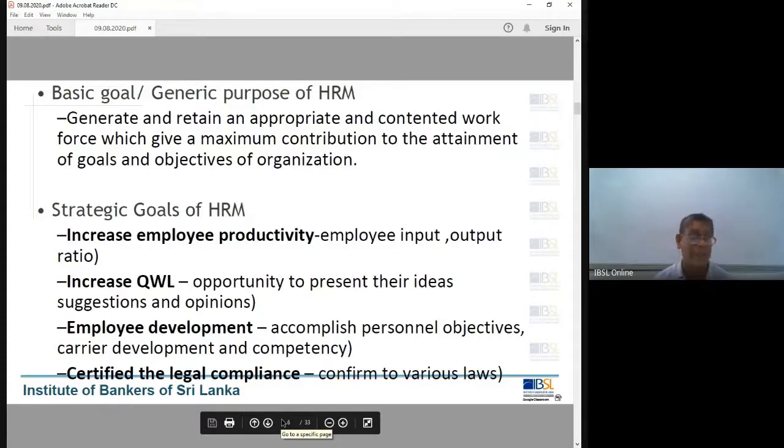So these are what you call strategic goals of HR. Right. Now I told you earlier, I'm going very slowly. In order to achieve your basic goals or generic purpose of HRM, the strategic goals of HR support that. Strategic goals facilitate generic purposes.